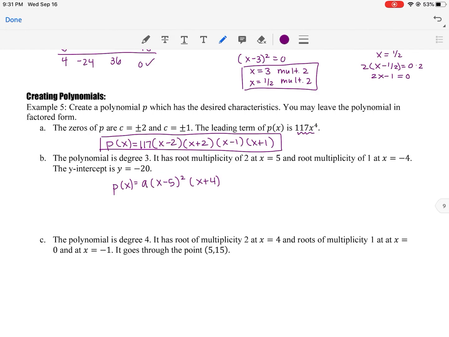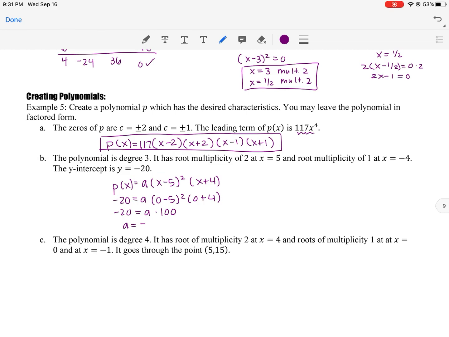And they tell you one other thing. The y-intercept is negative 20, which means your y value is negative 20 when x is 0. So with that, you should be able to find a. And that's the biggest thing people forget, to go back and solve for a. So you'd have negative 20 equals a times 100.